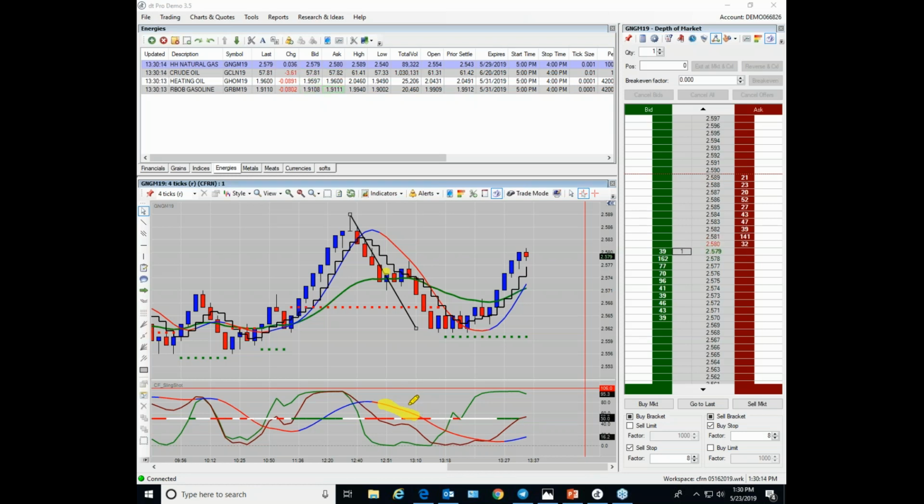This is disqualifier number 2, by the way: when the cycle is a different color and it's against you at a 45-degree angle. So what happens a lot of times is you get sideways action or it fails, as it does here.